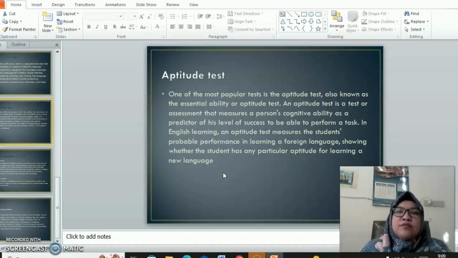So the results of the aptitude test is expected to show us the probable performance of our students in learning a foreign language, to show whether our students have any particular aptitude for learning English specifically.